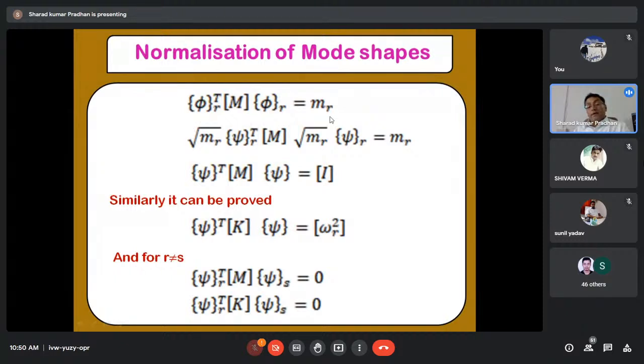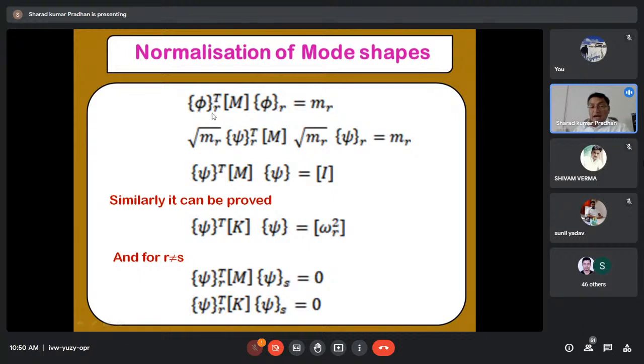Look at the property. This was the earlier property of orthogonality. Phi Rth means Rth mode, transpose of it, pre-multiplied to M, similarly post multiplied by Rth mode. This is MR. This is the earlier one.